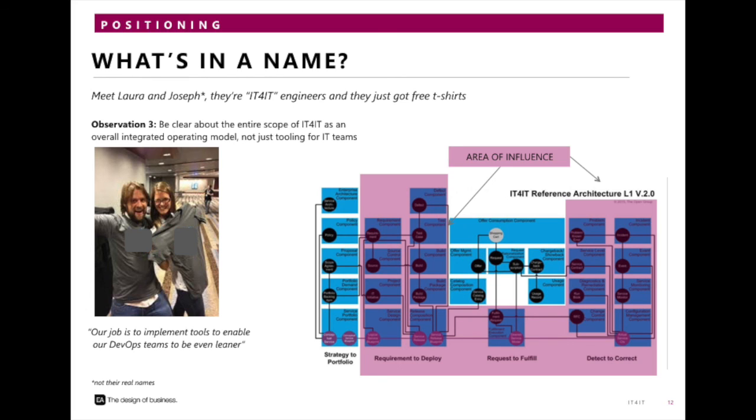They do have very strong influence over automated build components, test tools, or automation engines. There could be a risk that IT4IT starts getting shoehorned, and I think it's really important that we're clear on the entire scope of what the standard is trying to communicate, rather than just picking off key areas.